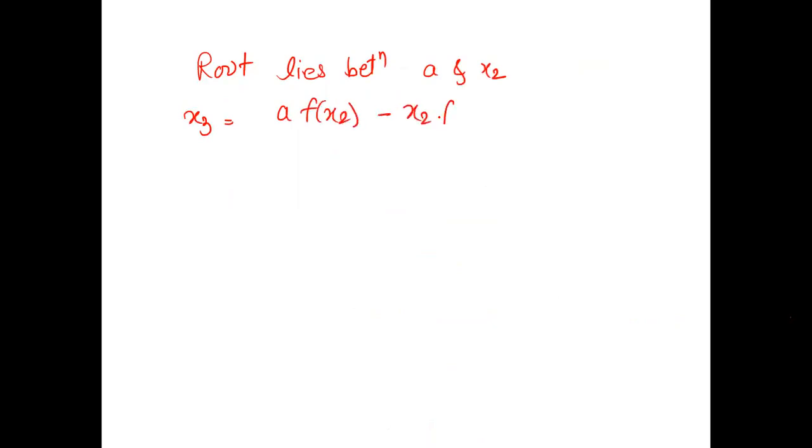You should now complete this. The root lies between A and x2. So in the third iteration we will get the value (A f of x2 minus x2 f of A) upon (f of x2 minus f of A). Please complete this and find x3.